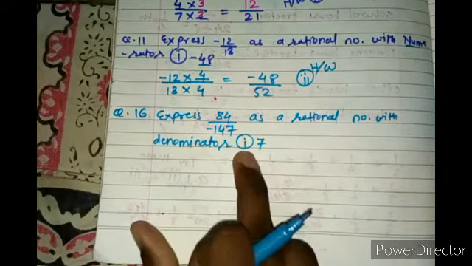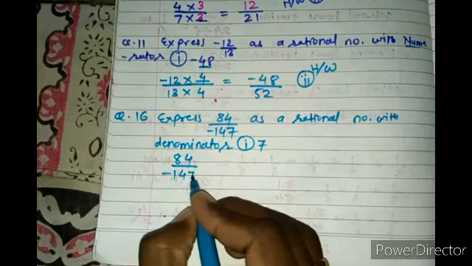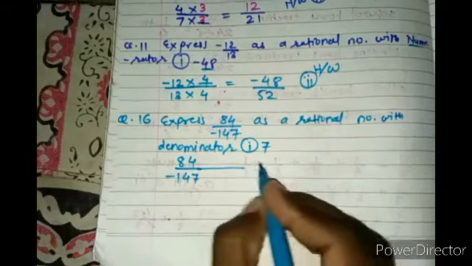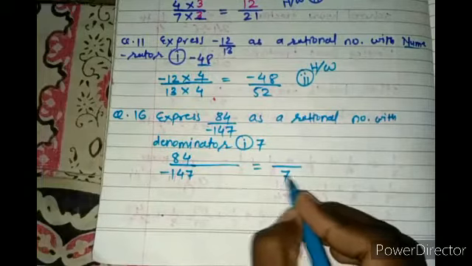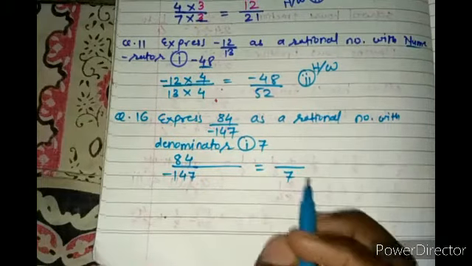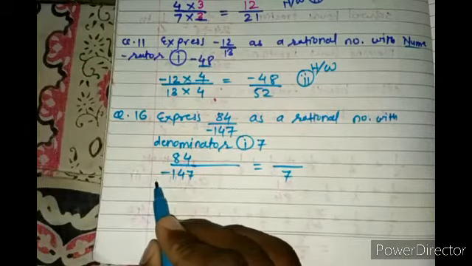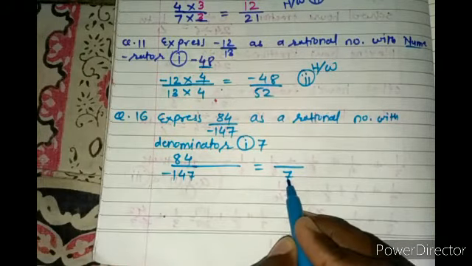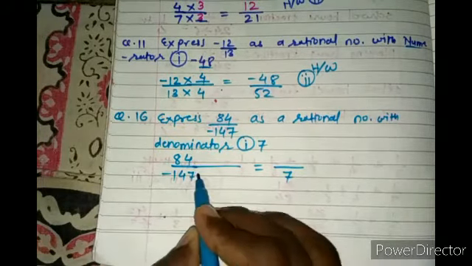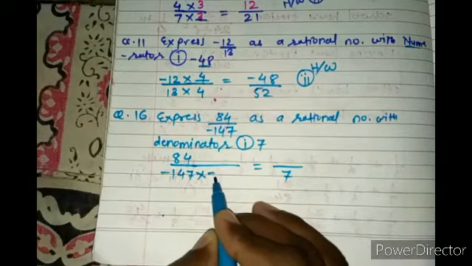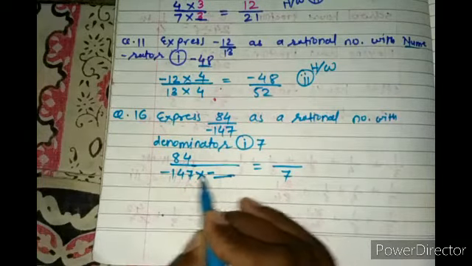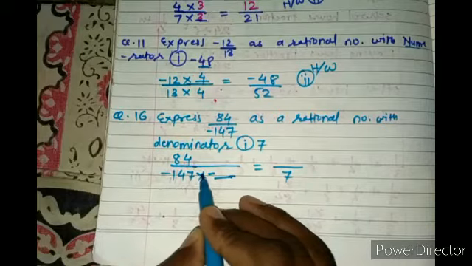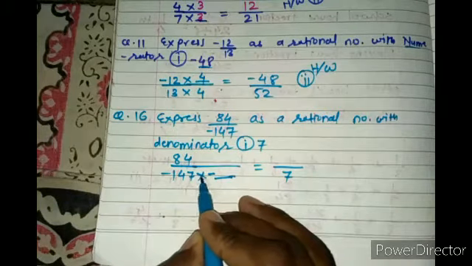How can we convert 147 into 7? Now we have to handle the issue of the minus also. If the denominator is going to be positive, then we have to multiply or divide by a negative number.